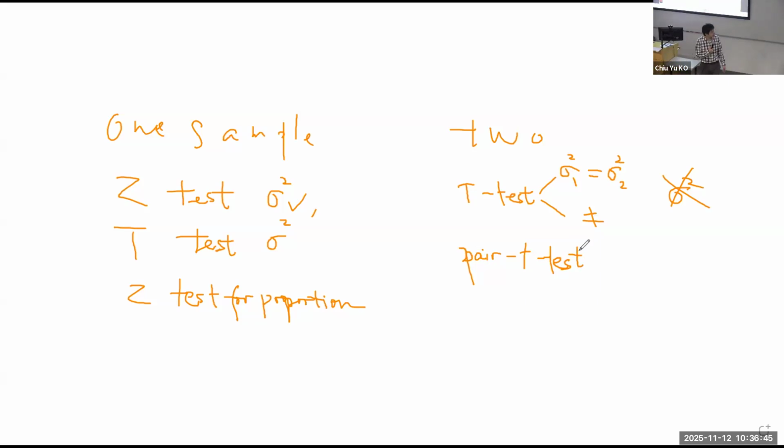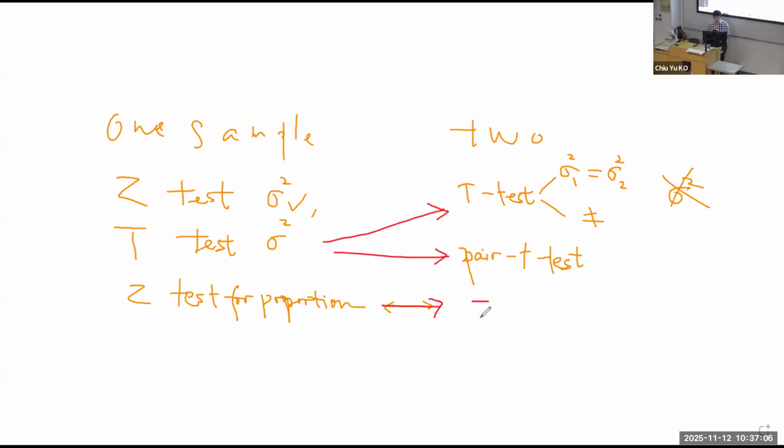So the first 2 are independent samples, and the last one is the paired one. Okay. Then, which we'll continue today because we don't have time to talk about it now, the same applies here: the t goes to these 2. And we have a Z test for proportion as well.